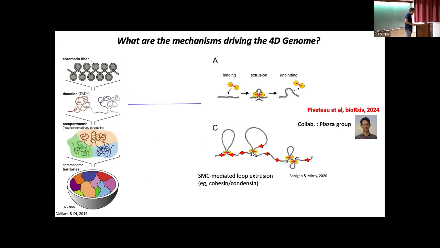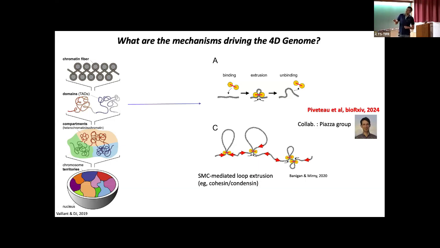The next two slides are two kinds of teasers. We have already discussed different mechanisms driving 3D genome organization. One very important one, we believe, is loop extrusion, driven by SMC proteins like cohesin and condensin.